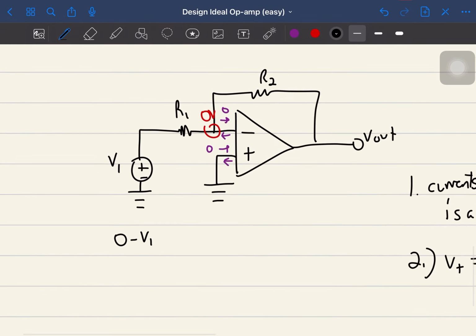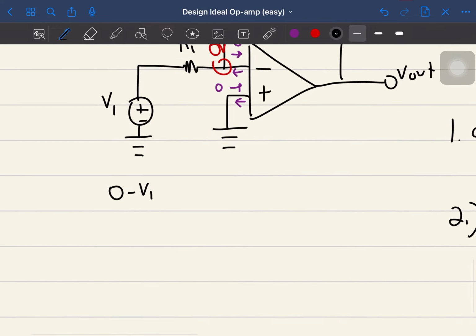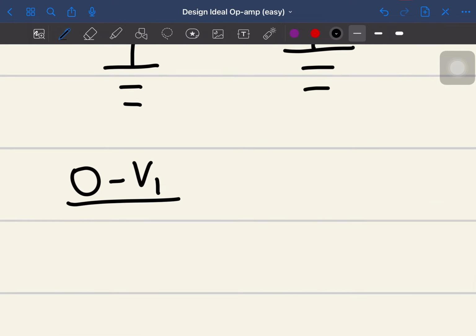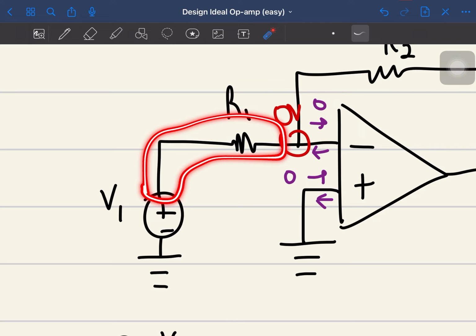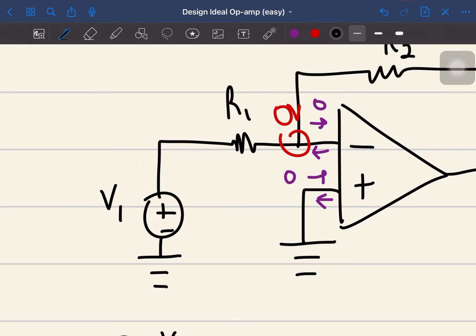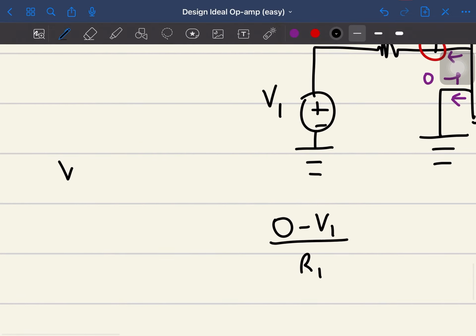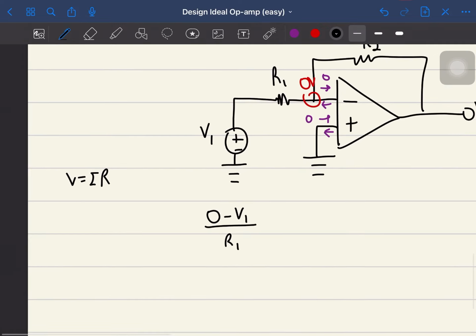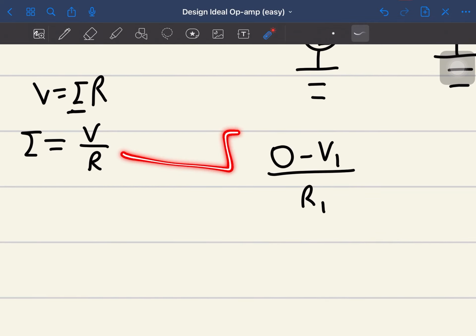So we're finding the difference between the higher and lower voltage at the start of this line and at the end of this line. 0 minus V1 over R1. So you find the total resistance between these two voltages, which will just be R1. And Ohm's law is V equals I times R. If you rearrange this to find current alone, current equals voltage over resistance. With KCL, this is basically what you are finding.